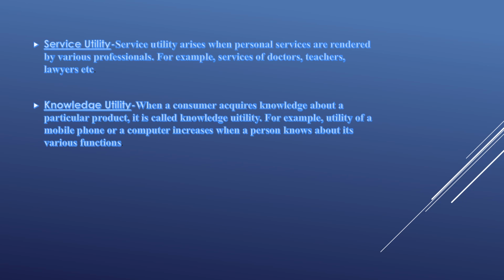Knowledge utility. When a consumer acquires knowledge about a particular product, it is called knowledge utility. For example, the utility of a mobile phone or computer increases when a person knows about its various functions. So when I say knowledge utility, you should know the information about a particular product or goods or places, so that you can get the benefit from it after consuming it.